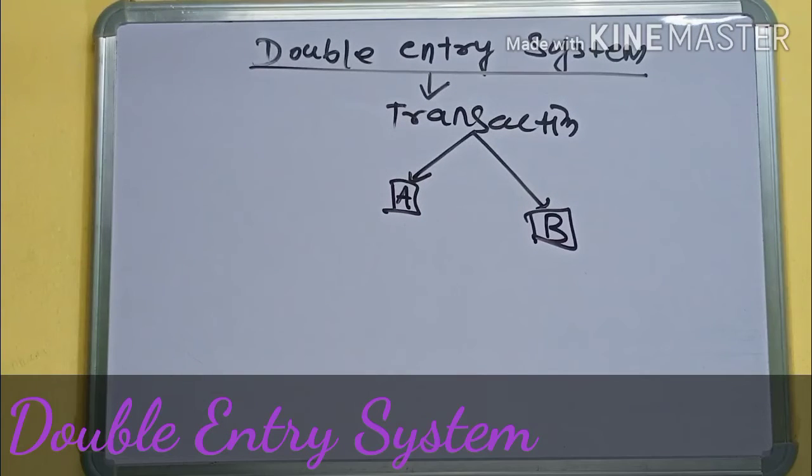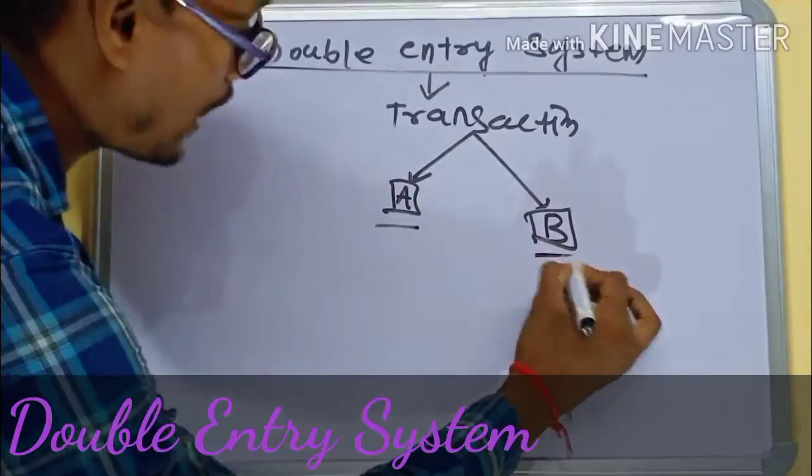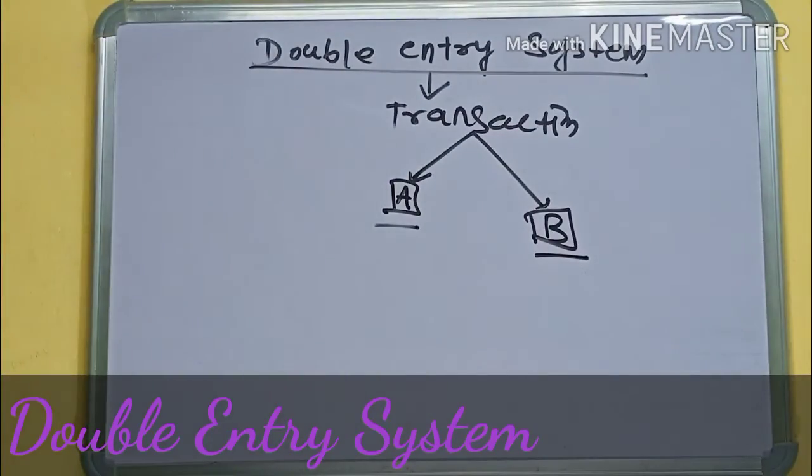That means it is recorded in two places or two accounts. The double entry system of accounting means every business transaction's amount must be recorded in a minimum of two accounts.